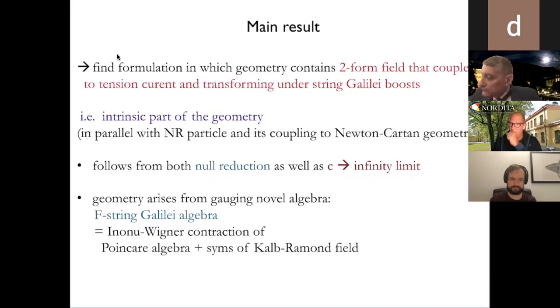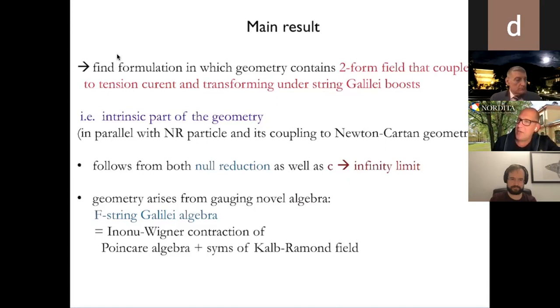And the final result then is that to a geometry you can associate a symmetry group and algebra, just like to pseudo-Riemannian geometry you can associate Poincaré symmetry, as we all know.